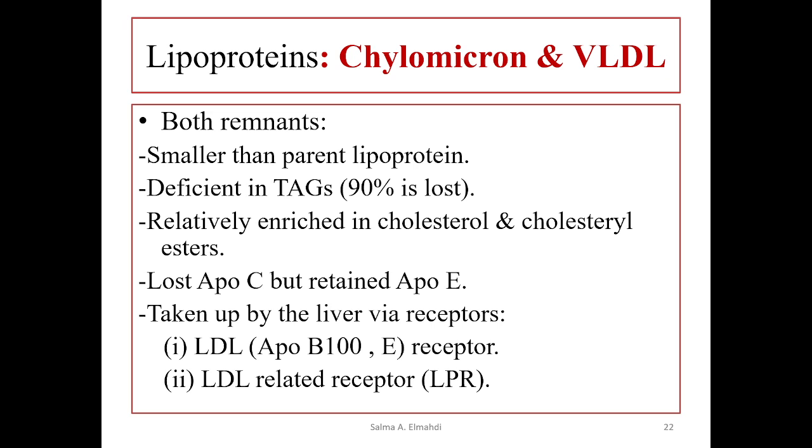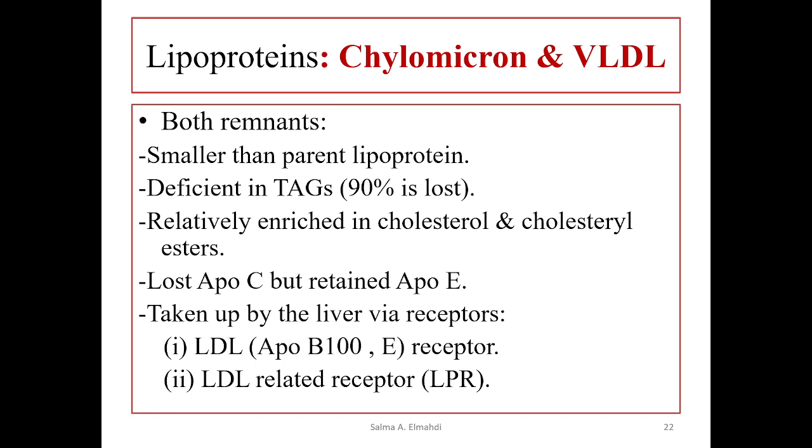They are relatively enriched in cholesterol and cholesterol esters. They have the same amount, but comparatively, because the triacylglycerol is lost, the percentage of cholesterol and cholesterol esters is higher.